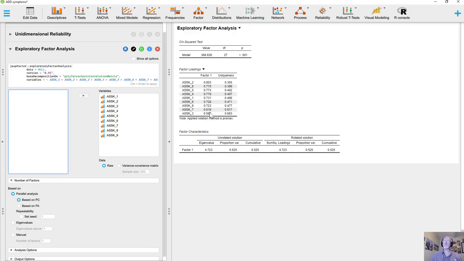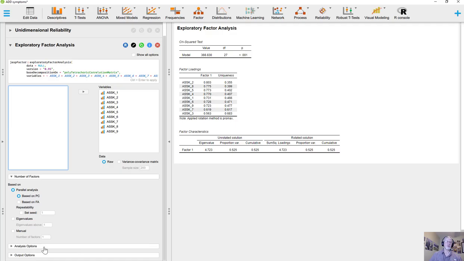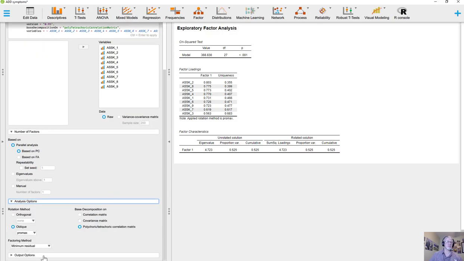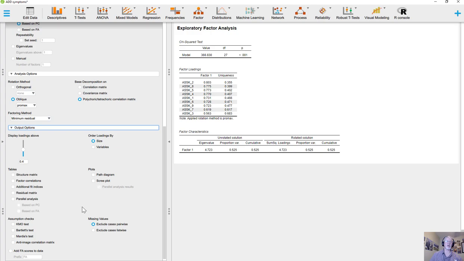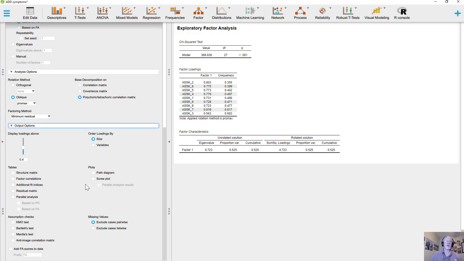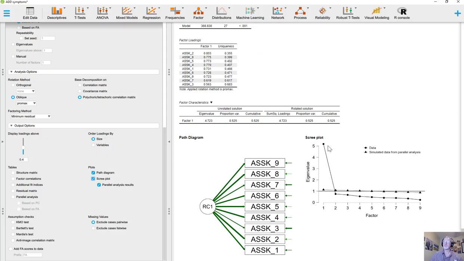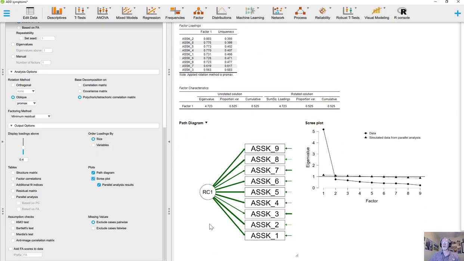It gives me the factor loadings as I saw them before. I'm going to go to analysis options and output options, and click on a path diagram and a scree plot. This path diagram represents the idea that there is one factor that underlies the symptoms.